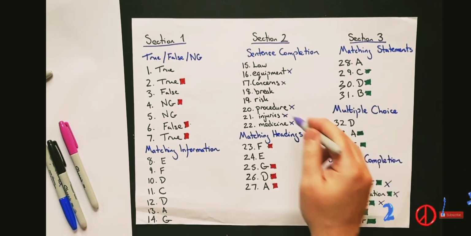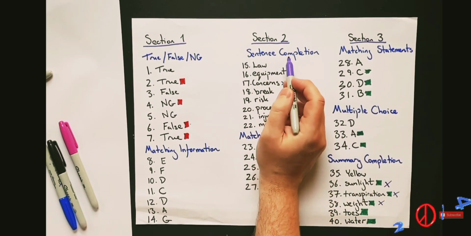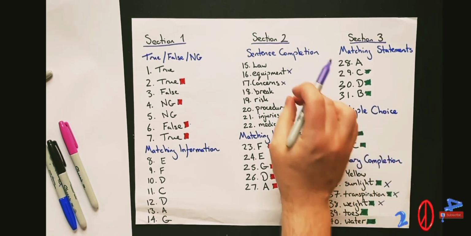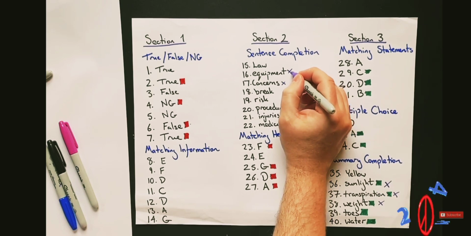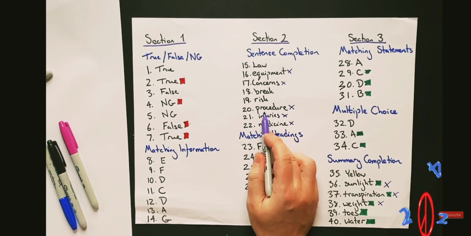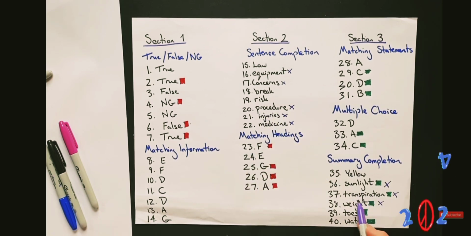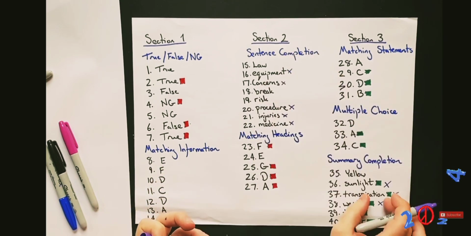Now let's say we're working with a student and they get this one wrong, and this one wrong, and this one wrong, and this one wrong, and this one wrong, this one wrong, this one wrong, and this one wrong. So this is quite unusual because this particular student only has problems when they actually have to write the word.